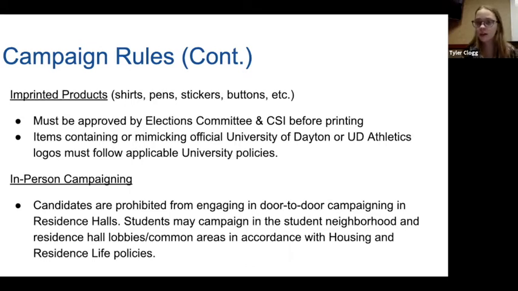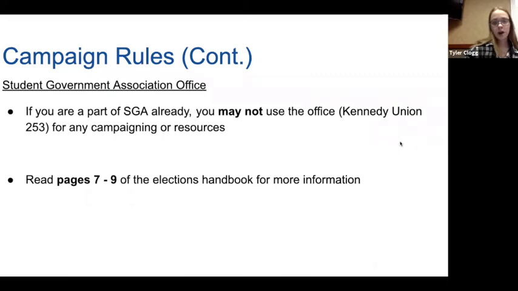In-person campaigning should not be occurring. We should be keeping our distance, and everyone should do campaigning as virtually as possible. The student government office, if you are part of SGA already, you may not use the office for any campaigning or resources.